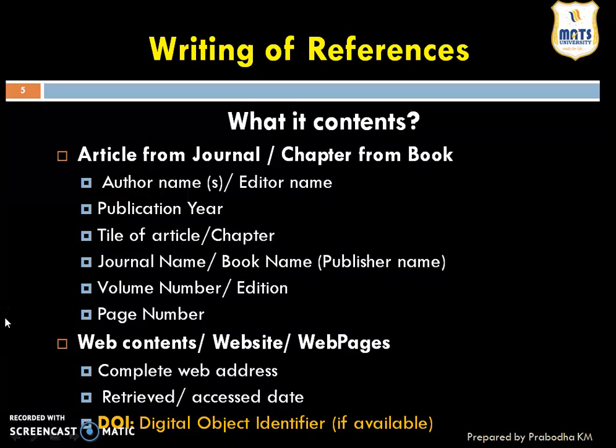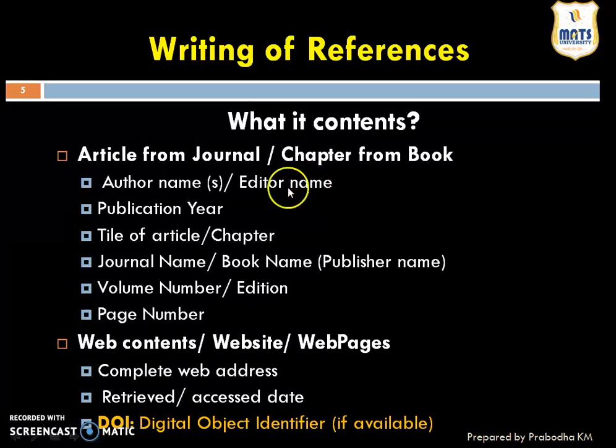The content we choose or refer to for scientific writing may be a journal, a book chapter, a web content, website or web pages. But whenever we are referring to these things, what are the important pieces of information we need to collect? While referring to any journal article or book, the first thing is that we should collect the author names, or the editor name if it is a book.